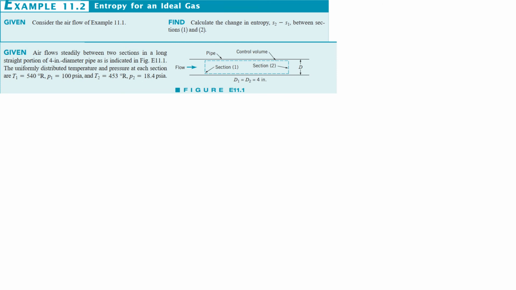This was the data that was given in example 11.1, in which we had a section of pipe of diameter 4 inches, and that pipe had two sections, section 1 and section 2, and these were the values of temperature T1, pressure P1, T2, and P2. So this was the given data: air flows steadily between two sections in a long straight portion of 4-inch diameter pipe as indicated in this figure. The uniformly distributed values of pressure and temperature are indicated as such.